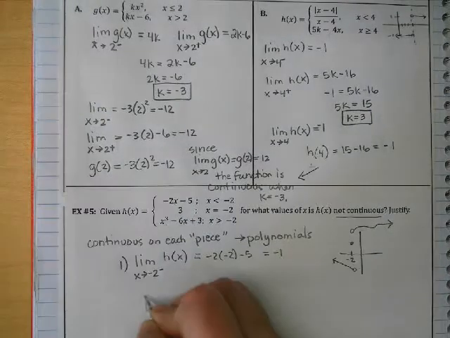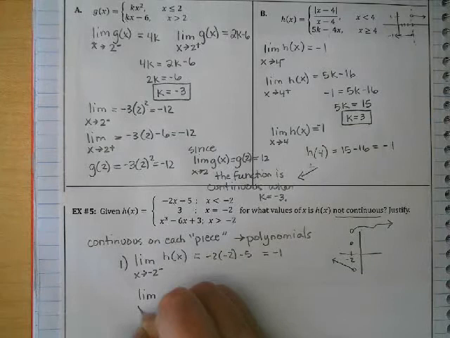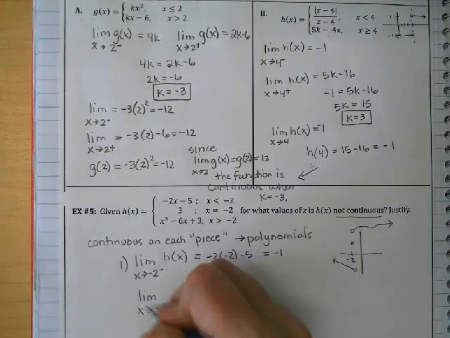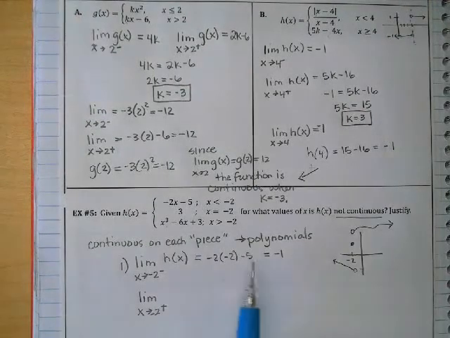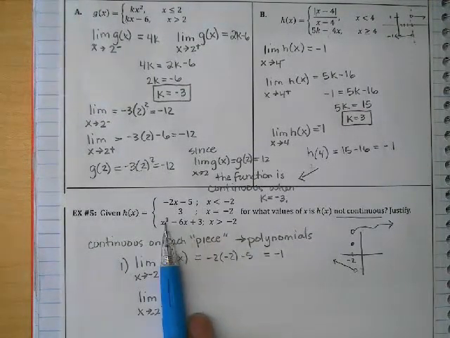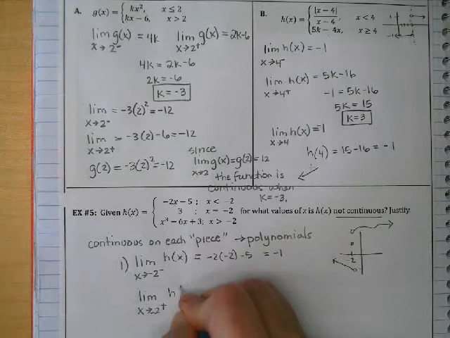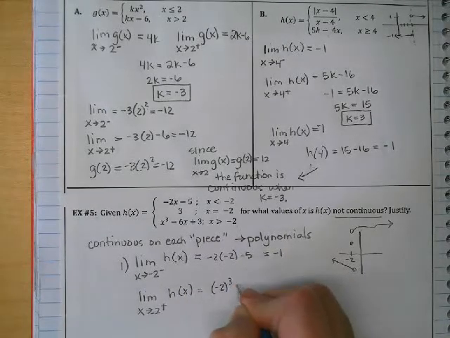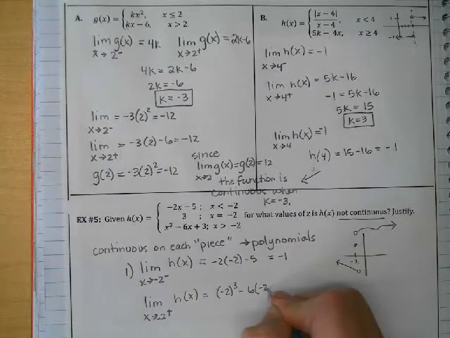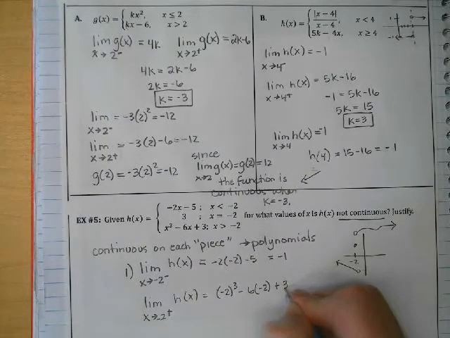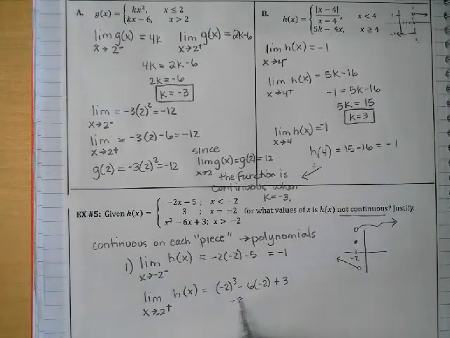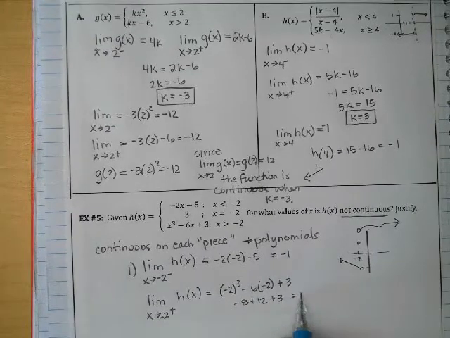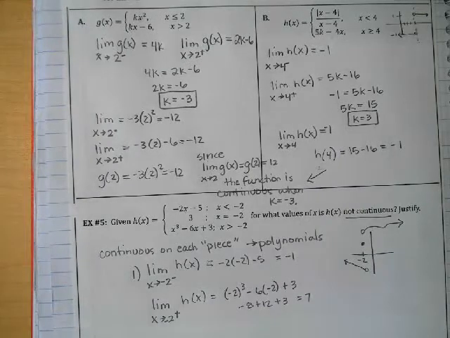Okay, the limit as x approaches -2 from the right, that is this. So that's -2 cubed minus 6 times -2 plus 3. So -8 plus 12 plus 3 is 7.